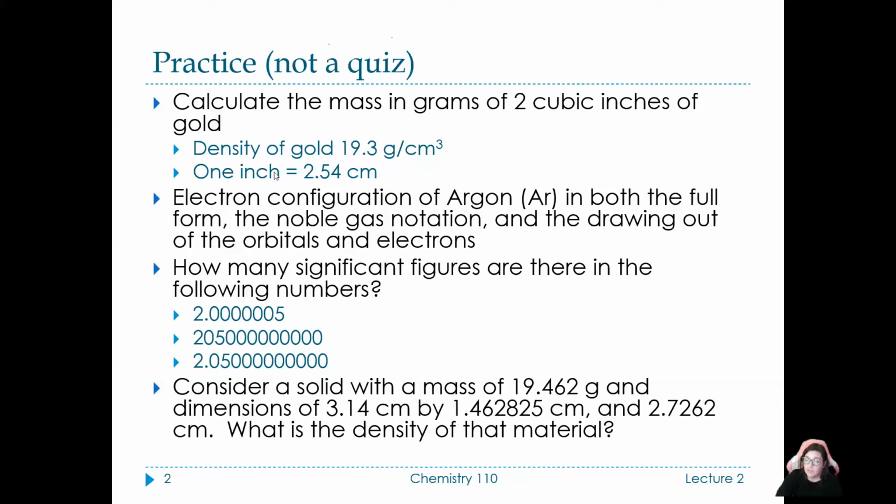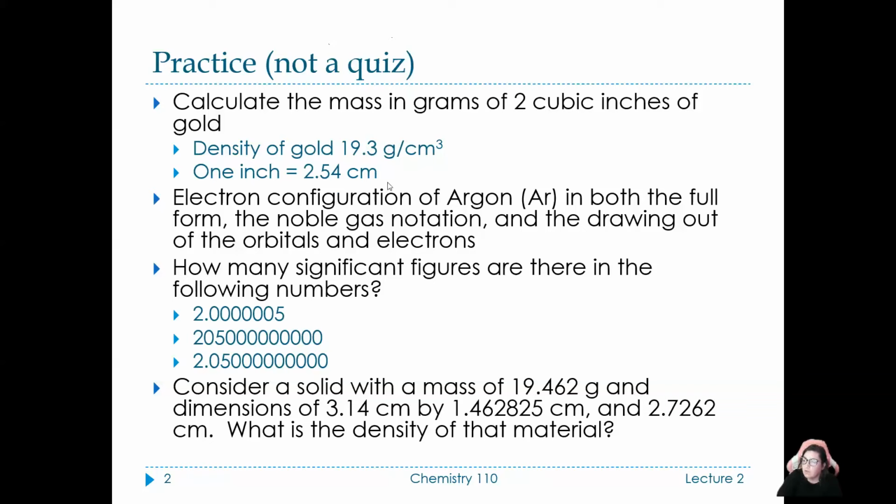Okay, so I have 2 cubic inches of gold, 2 in cubed. Remember, anything above the line is multiplied, anything below the line is divided. It's not a very pretty line, but okay, fine.